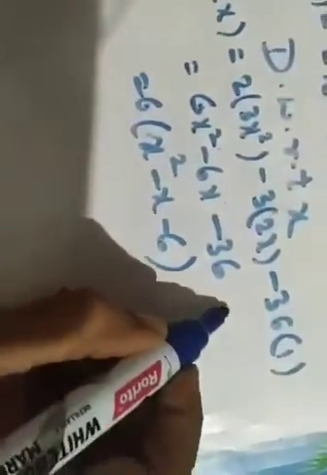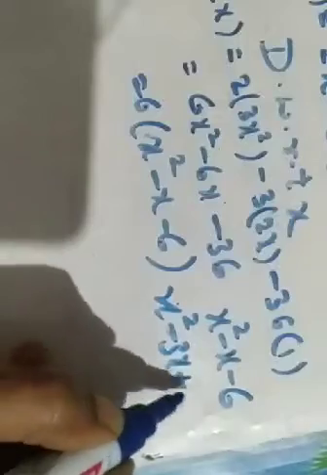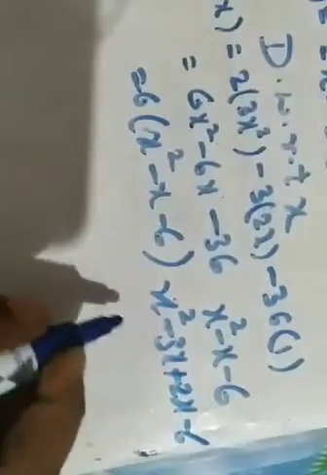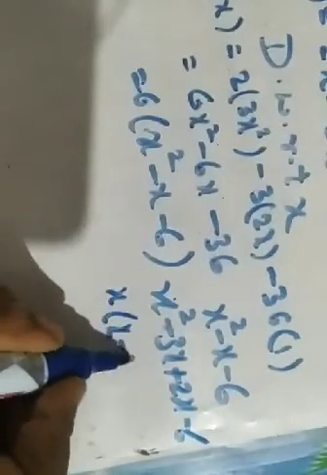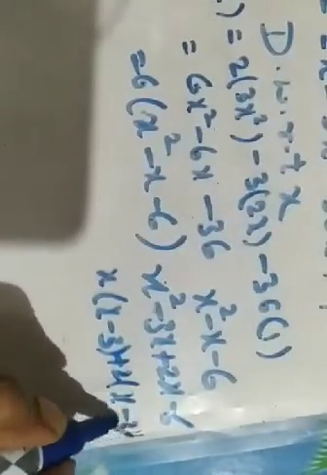So solve the quadratic equation x square minus x minus 6. It can be written as x square minus 3x plus 2x minus 6. Take out the x common: x minus 3 plus 2 common, x minus 3.